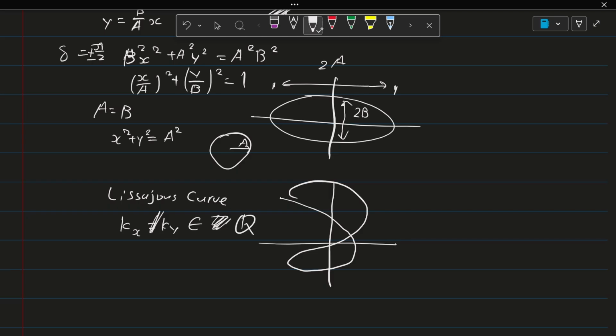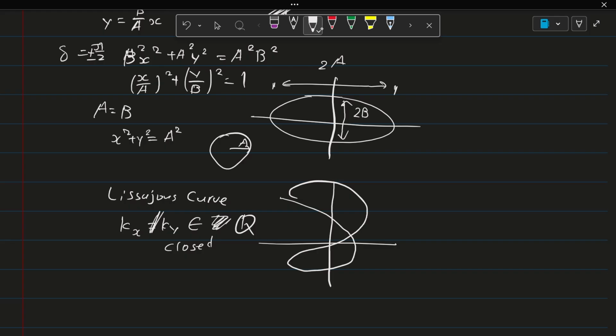But if the ratio between them is irrational, they will never meet. It's something that you have always heard about when you see the visualization of irrational numbers. Irrational numbers will never meet again because they're not repeating, unlike a rational number.